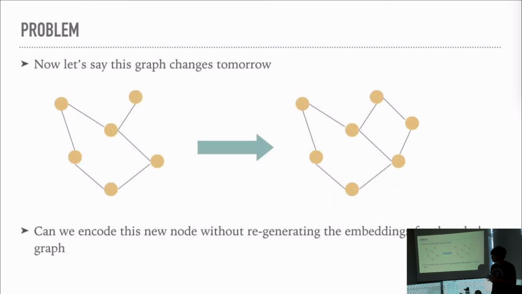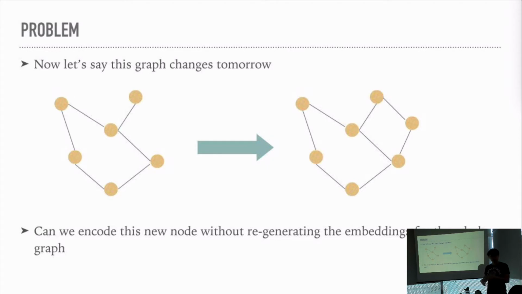So there's another problem to this representation problem, which is, let's say the graph changes tomorrow. Now we are in an interconnected world. Let's say everybody uses Instagram, right? And you have many followers. Today you might follow somebody, and tomorrow you might follow another person.